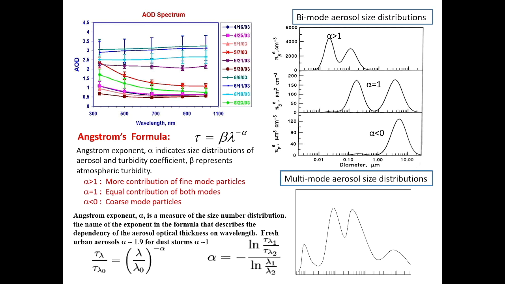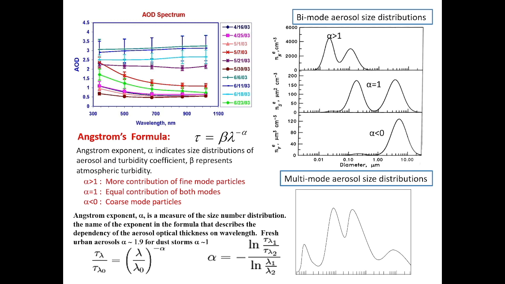Otherwise, the aerosol optical depth and the wavelength are related by what is called the Angstrom formula: tau equals beta lambda to the power minus alpha, where alpha and beta are called Angstrom exponents.